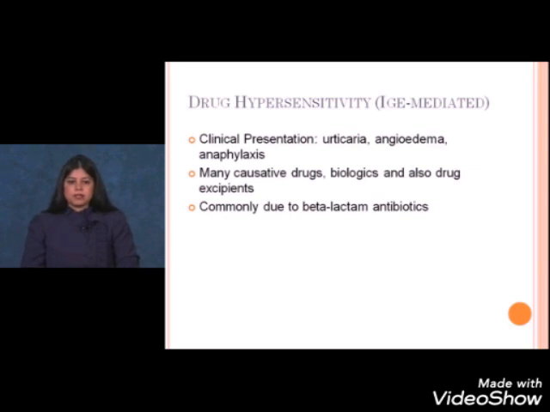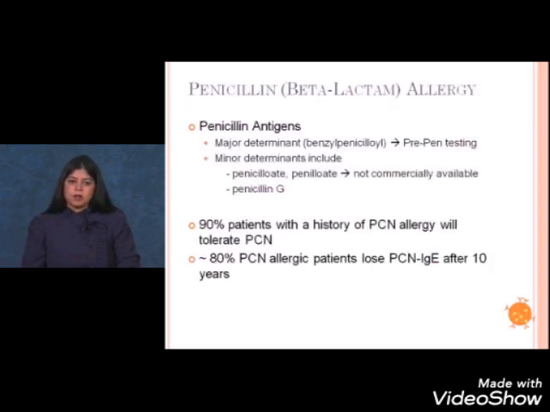So the clinical presentation would be the same of any anaphylactic reaction: urticaria, angioedema, respiratory distress, etc. There are many causative drugs, biologics, and also drug excipients, but it's commonly due to beta-lactam antibiotics, especially in the pediatric population that we're dealing with. So the penicillin antigens, we break down the antigens into major determinants and minor determinants.